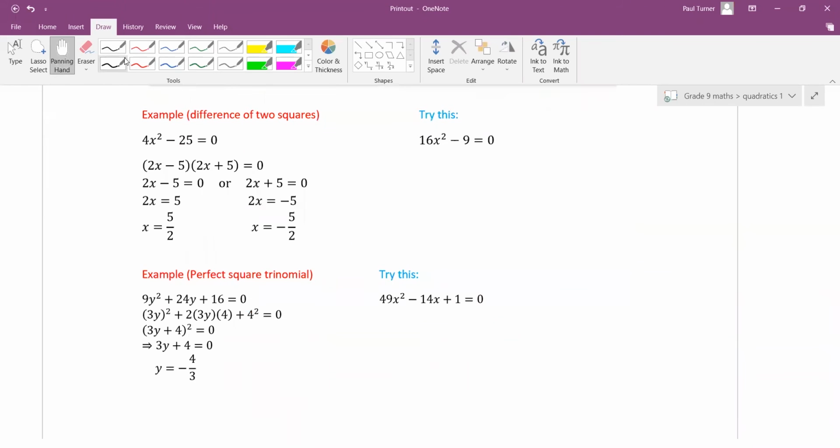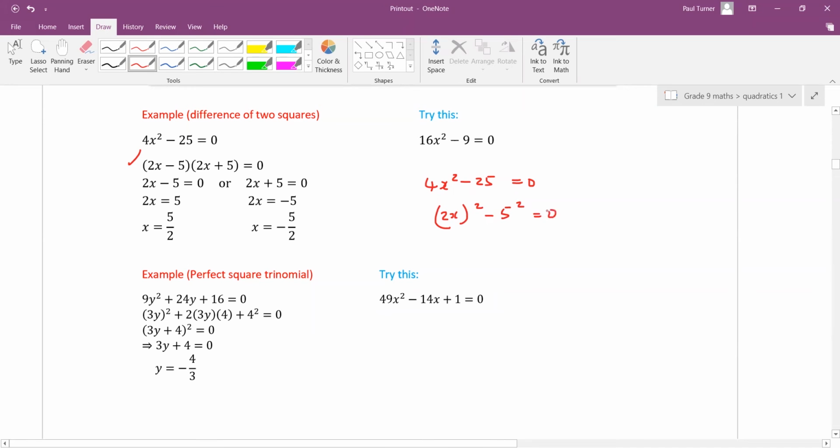In this question, I kind of skipped a step there, so we might put that step in. I'll write it here and I'll rub it out. So you've got 4x squared minus 25 equals 0. Now there are two ways to solve this, but let's do it by factorizing first. As we did with polynomials, we try to make these power 2. So you're going to have 2x all squared minus 5 squared equals 0.